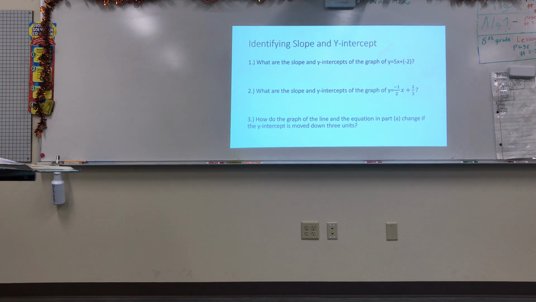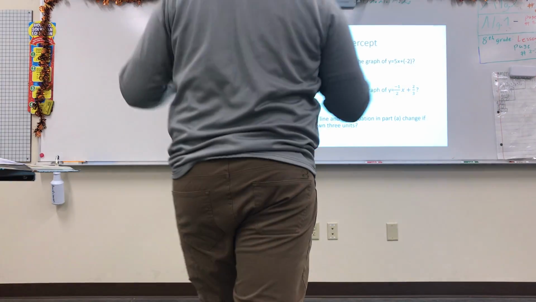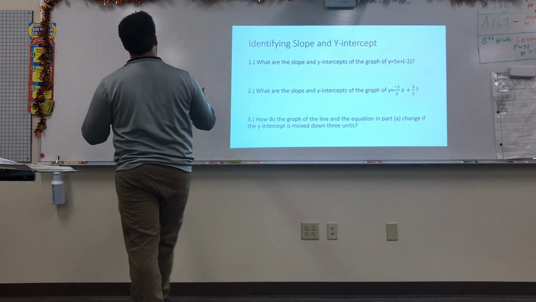Okay, what are the slope and y-intercept of the graph y equals 5x plus negative 2? So, you need to find out what the slope and the y-intercept are.